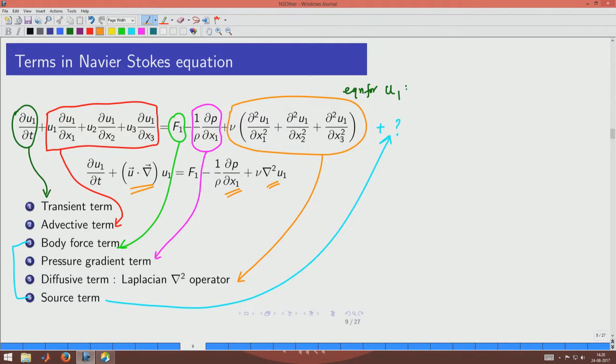But there is a warning, because the curvilinear coordinate systems like cylindrical or spherical have additional terms coming in, and therefore, we have to watch out for what additional terms are required. Okay, but otherwise it is the same concept, and once you have understood how these terms have come about, then you have understood how the Navier Stokes equation has come about.